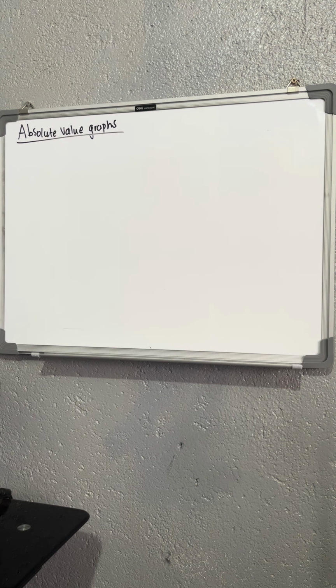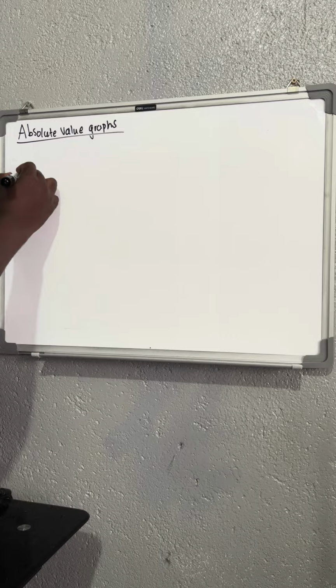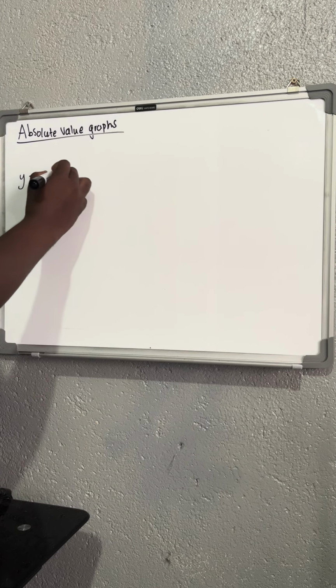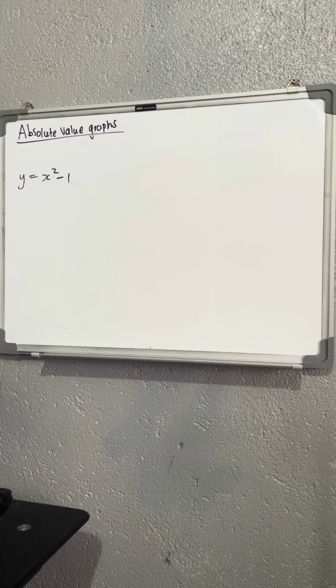So now our second example. Let's just say we have y equals x squared minus 1. You have seen or know the shape of this graph, and the first thing you have to ask yourself is, what is this graph?